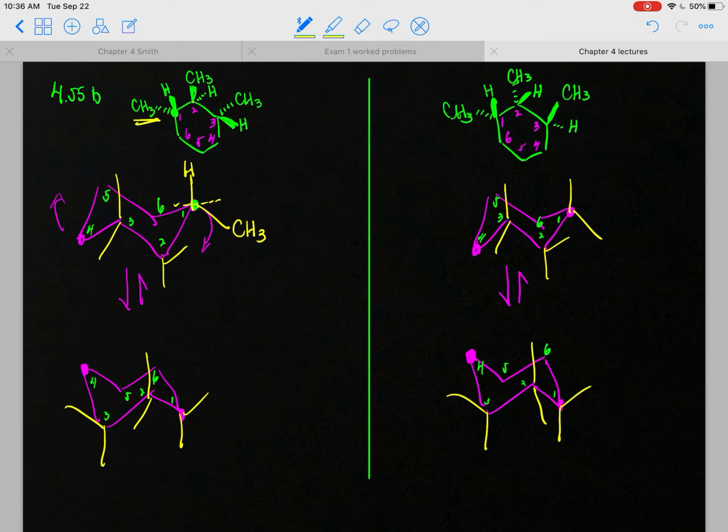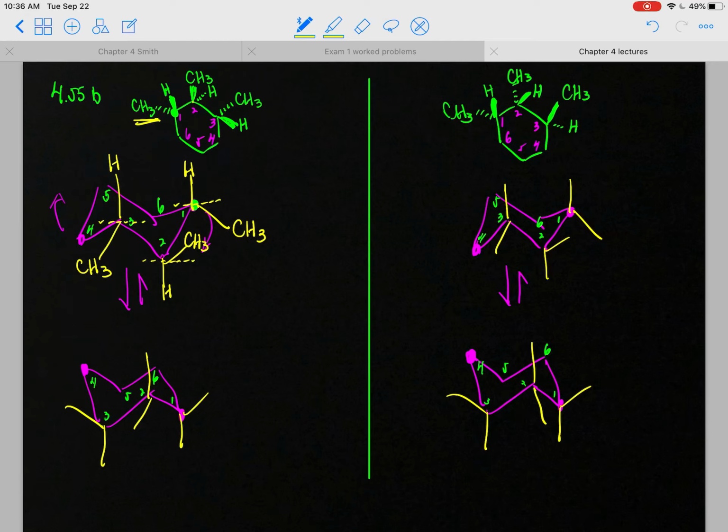Okay. On carbon 2 we have a methyl group coming up. At carbon 2, up would be above that dotted line. At carbon 3, we have a methyl group pointing down. Down would be down with respect to that dotted line.